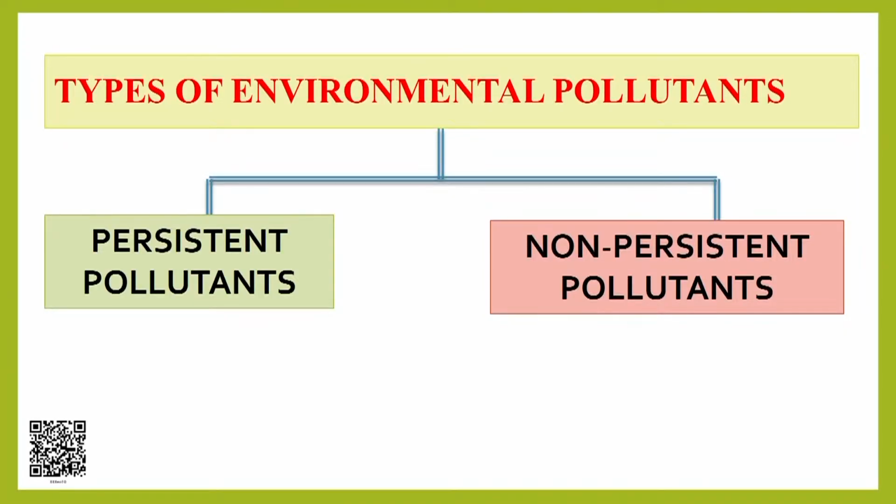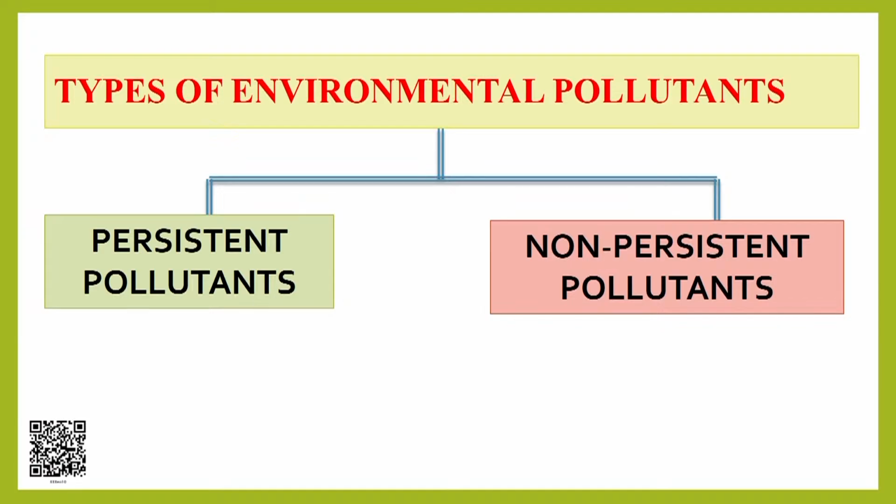Now we are talking about types of pollutants. They may be persistent pollutants or non-persistent pollutants. Persistent pollutants are chemicals that remain in the environment for extended periods, resist degradation and can accumulate in living organisms, posing a threat to human health and ecosystems too.